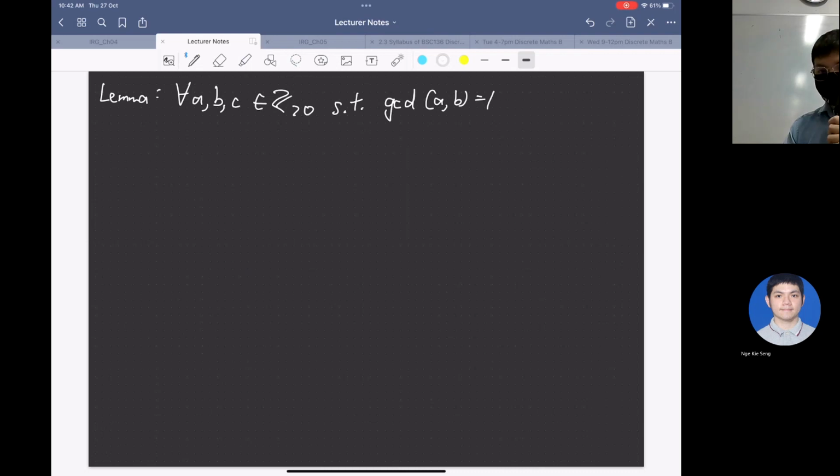That means they are relatively prime; the only common divisor is 1. And A divides BC. Then A will divide C. So if A divides BC, and A and B have no common divisor, then surely A will divide C.